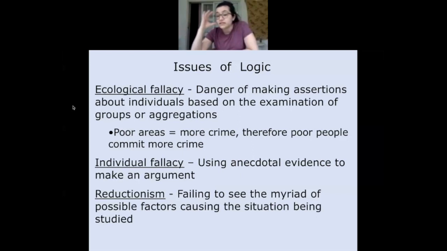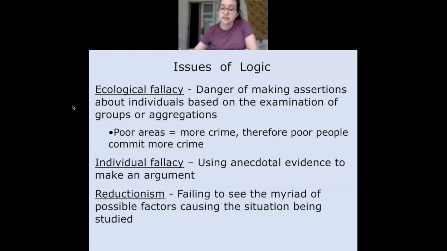So if our unit of analysis is, in this situation, neighborhoods, those are groups. Those are geographic zones that have their own characteristics that are not hierarchically distinguished, and are sort of more spaces, right? So if there's more crime that we find in poor areas, we can't say that poor people commit more crime.